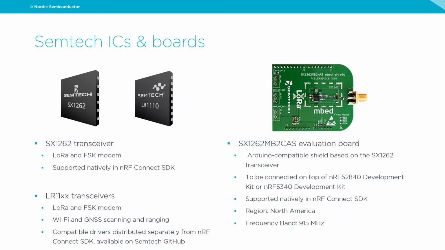Keep in mind, if you're working with sub-GHz frequencies, these are not the same the world over. So this one is for the region of North America, and the frequency band is 915 megahertz. And I'm guessing this is not too much of a hindrance, since at the moment Amazon Sidewalk is only available in the US.